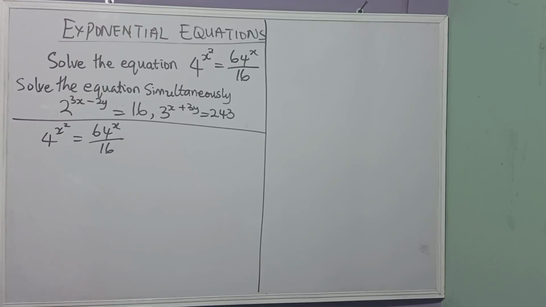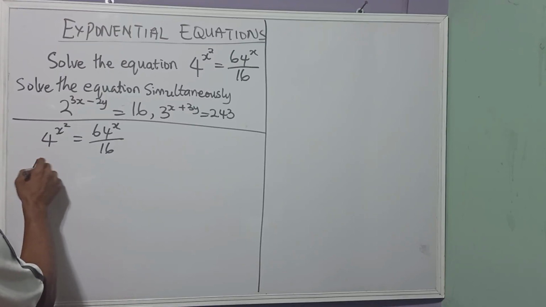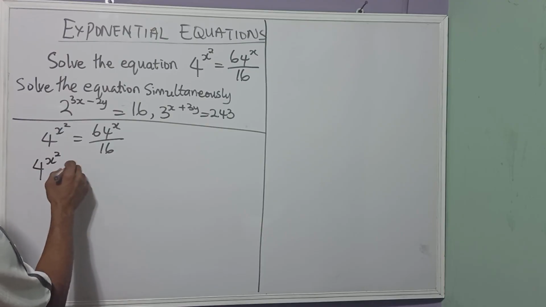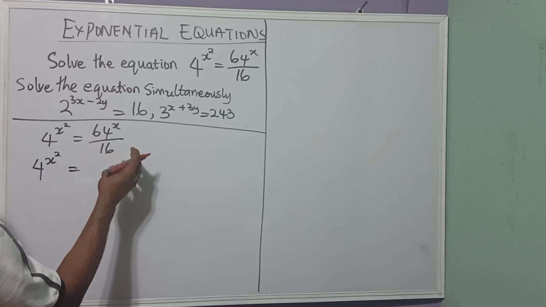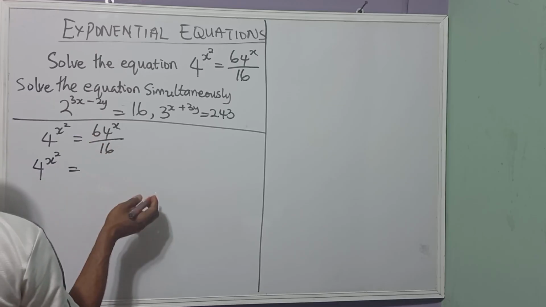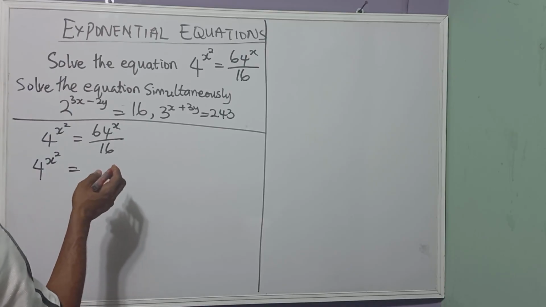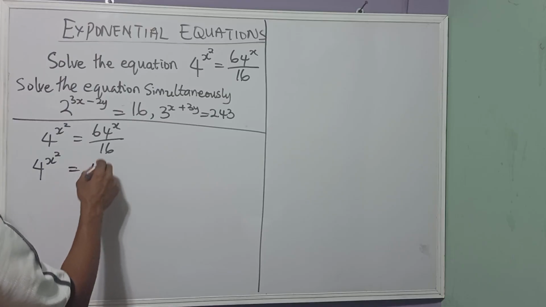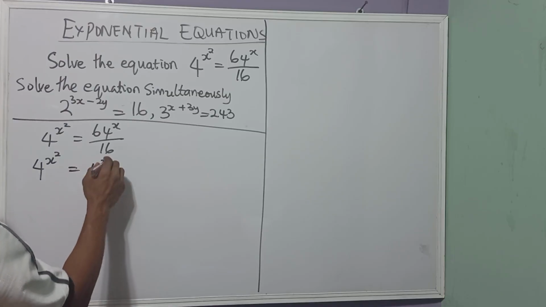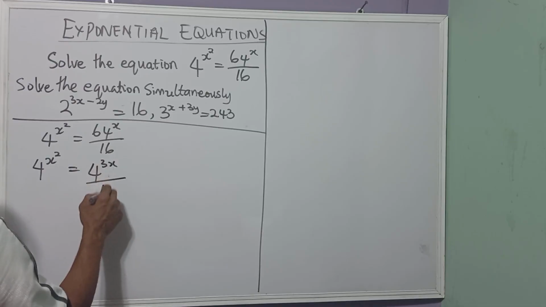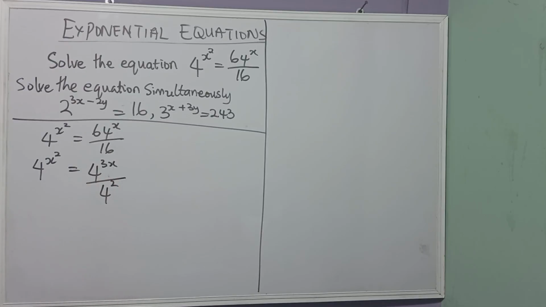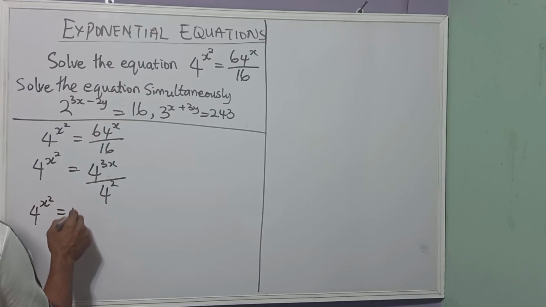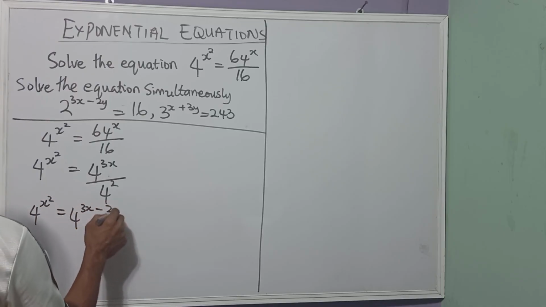So we have 4 raised to power x squared equals 4 raised to power 3x, since 64 is 4 cubed, all over 16, which is 4 squared. Now, remember that division is subtraction of indices. So this becomes 4 raised to power x squared equals 4 raised to power 3x minus 2.